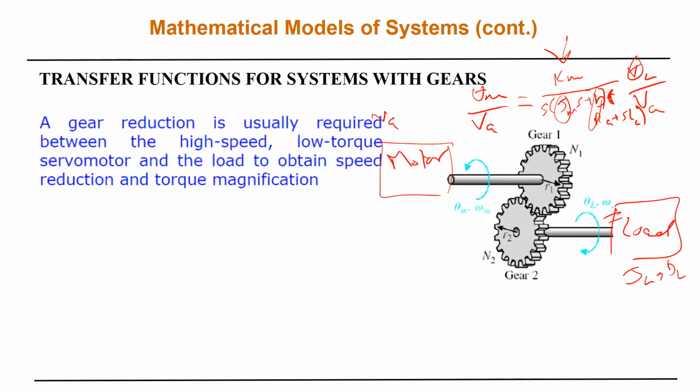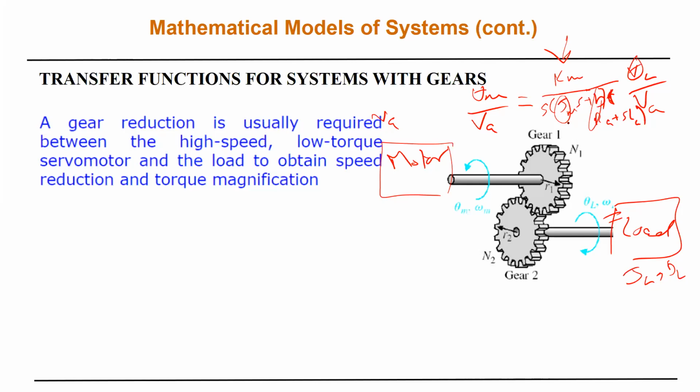Is there any effect of the load on the system? Of course. This effect will show by the modification of the moment of inertia. So I will be having what we call an equivalent moment of inertia and an equivalent damping factor.